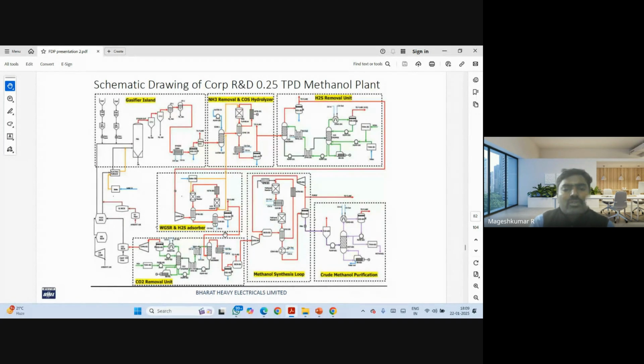After CO2 removal, it would be sent to the methanol synthesis plant. A part of it would again be sent to the H2S removal unit. In the methanol synthesis loop, after this it would be synthesized, and further the crude methanol would be purified for usage.